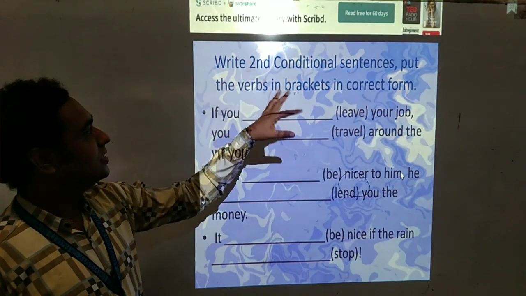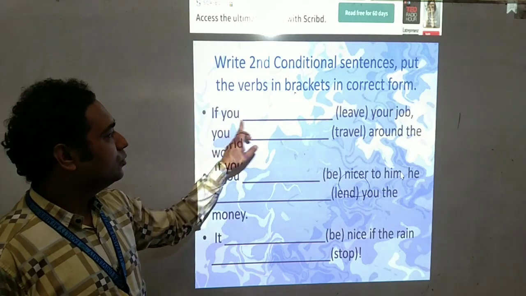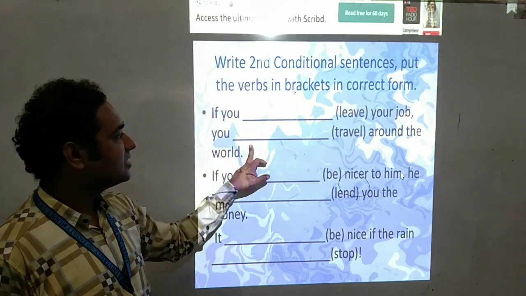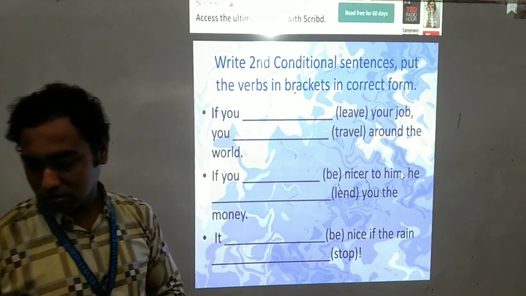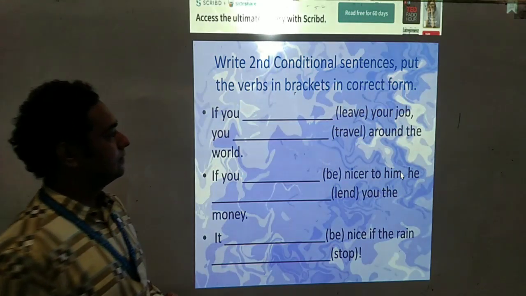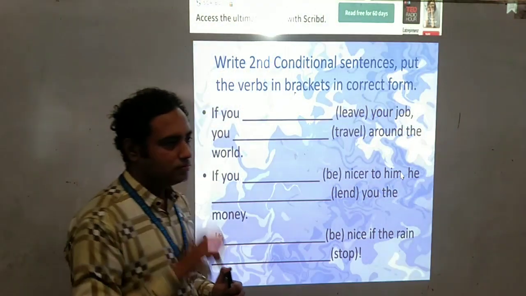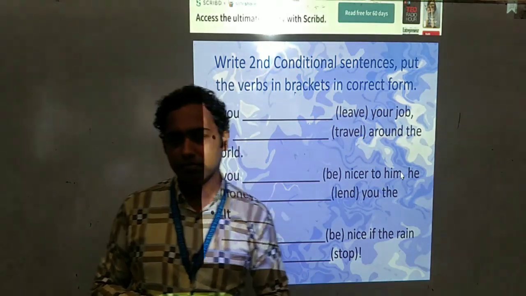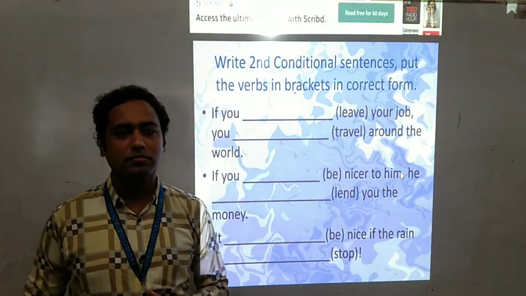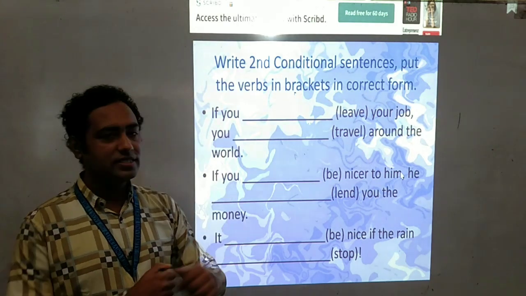Write second conditional sentences. Put the verbs in brackets in the correct form. If you lost your job, you travel around the world. Second condition is unreal. Please share your answers. Don't talk. If you lost the job.